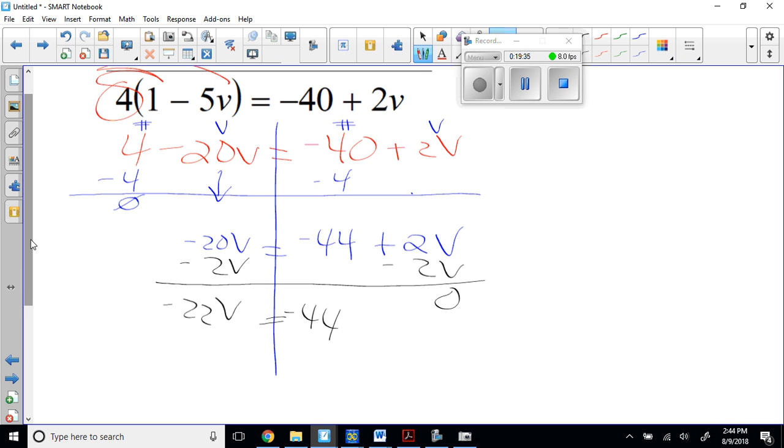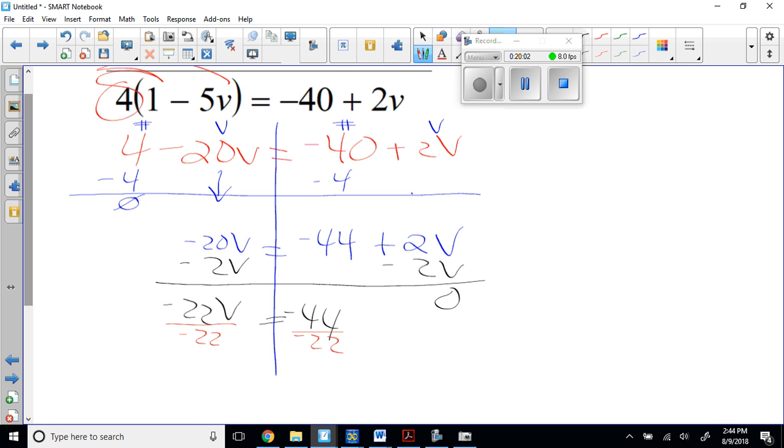Now, do I have my variables on one side and numbers on the other? Yes, I do. What's happening to my variable? It's being multiplied. Who is it being multiplied by? Not 22. I don't see a 22. Negative 22. Good job. So it's been multiplied by negative 22, so we'll divide it by negative 22.